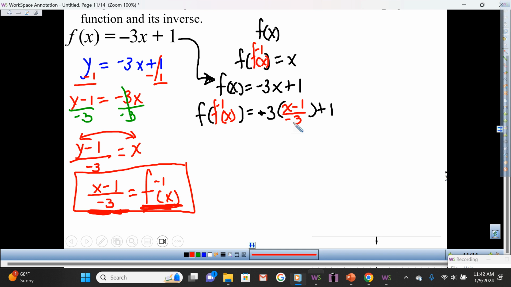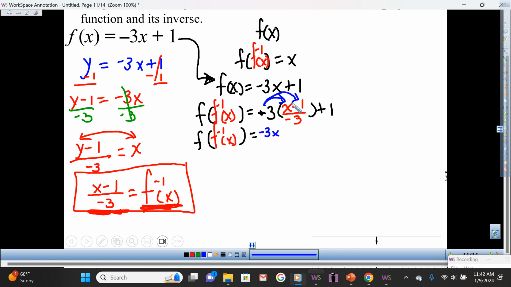Is it flowing a little bit better? Yeah? You're like, okay, I think I follow. The left part stays the same. Remember, it's just a label. Equals. And now we're going to distribute this negative 3 on top. Negative 3 times x is negative 3x.